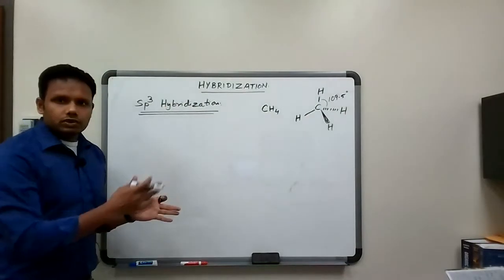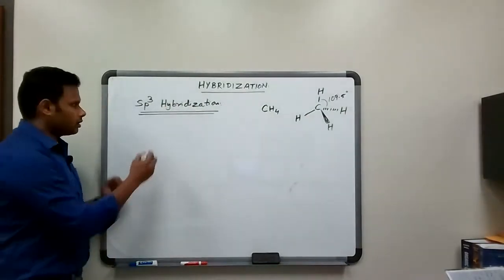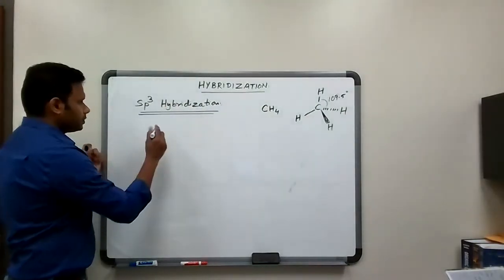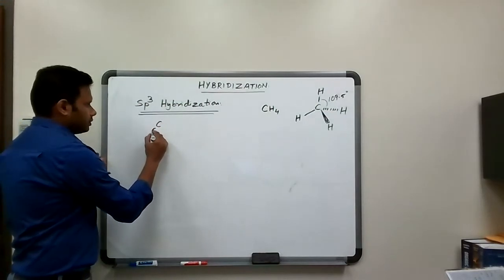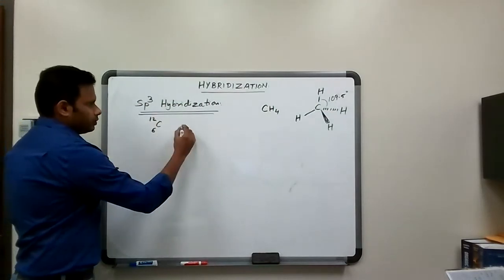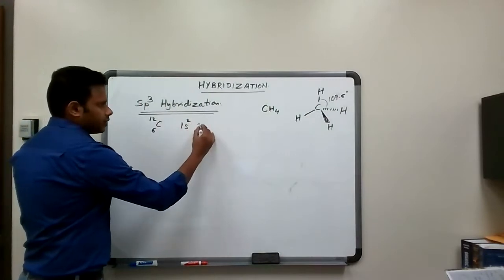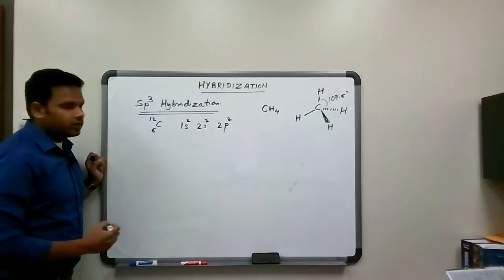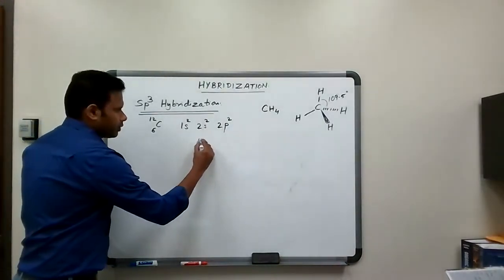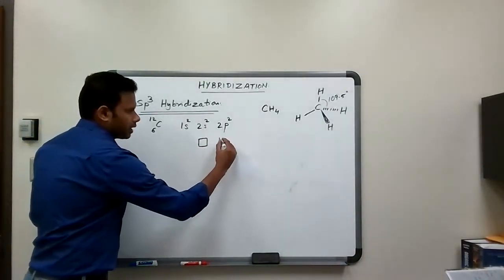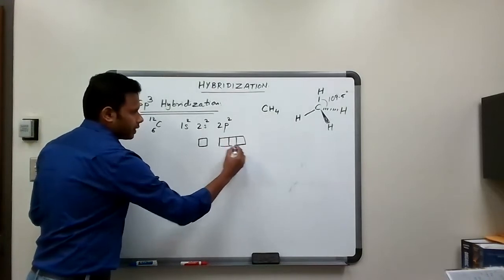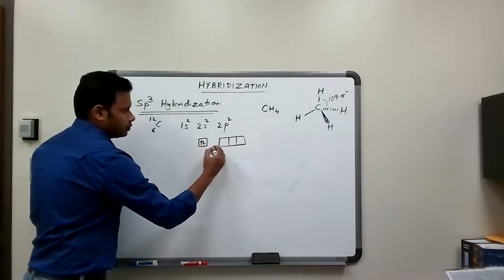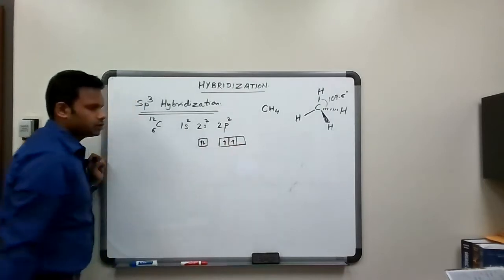To talk about this, let's go back to carbon, which we've discussed earlier. What we know is the electronic configuration for carbon is 1s2, 2s2, 2p2. When we draw this as boxes, I'm only going to draw the valence shell here, the valence electrons, so 2s2 and 2p2.